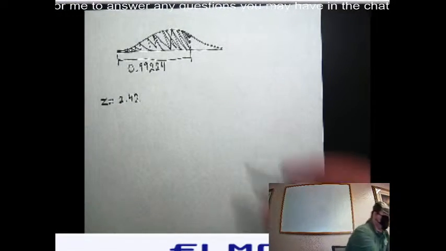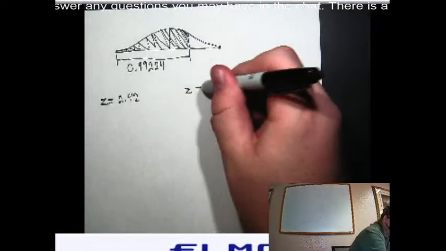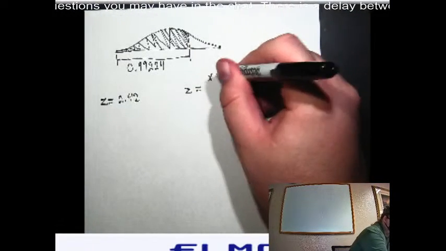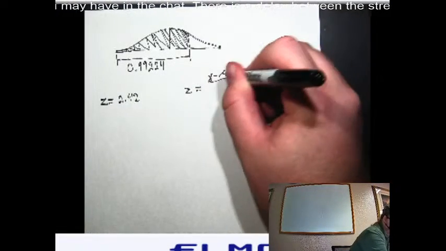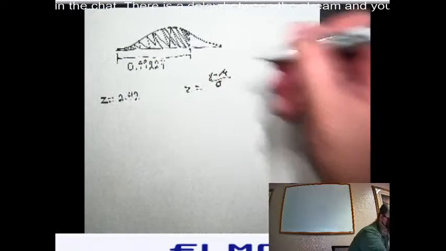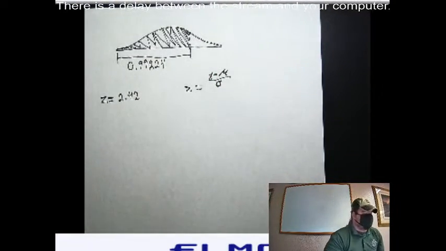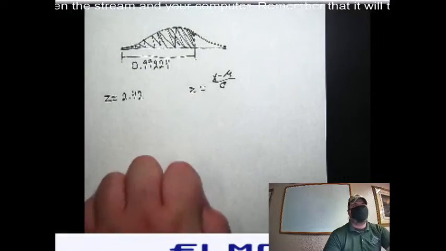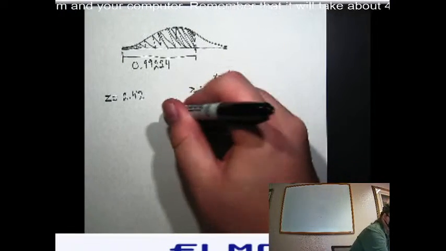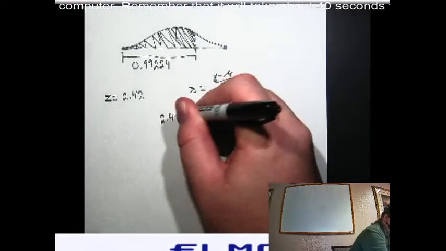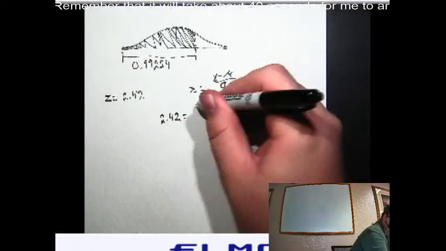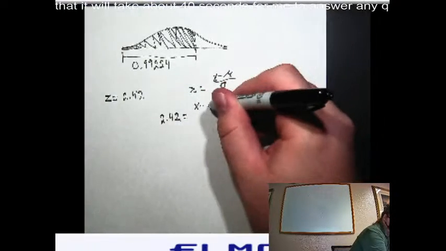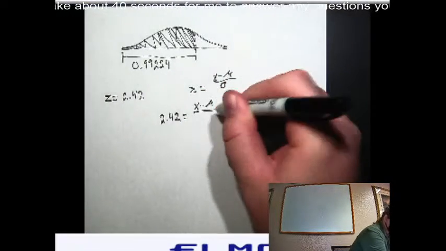Now we also know that z equals x minus mu over sigma, right? So what we can say here is, well, okay, if this is what x is, we just plug it in for x. So 2.42 is equal to x minus mu divided by sigma.